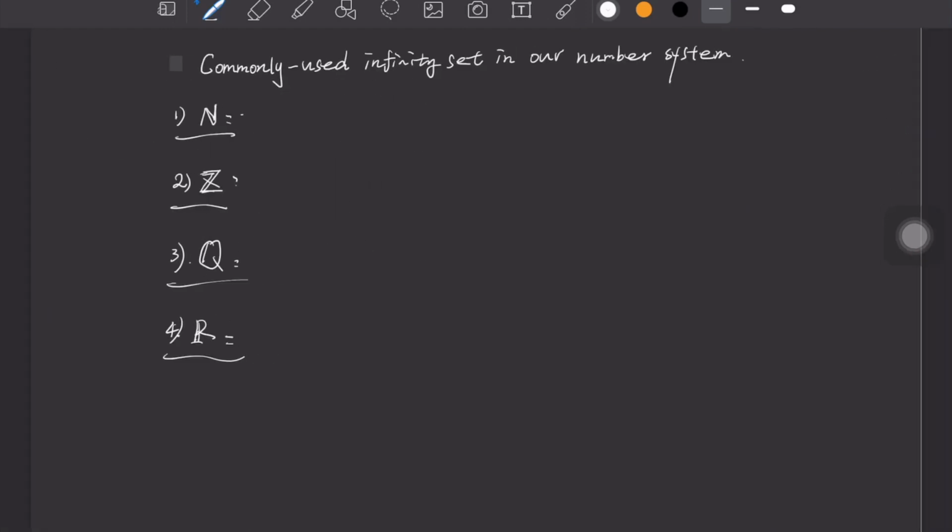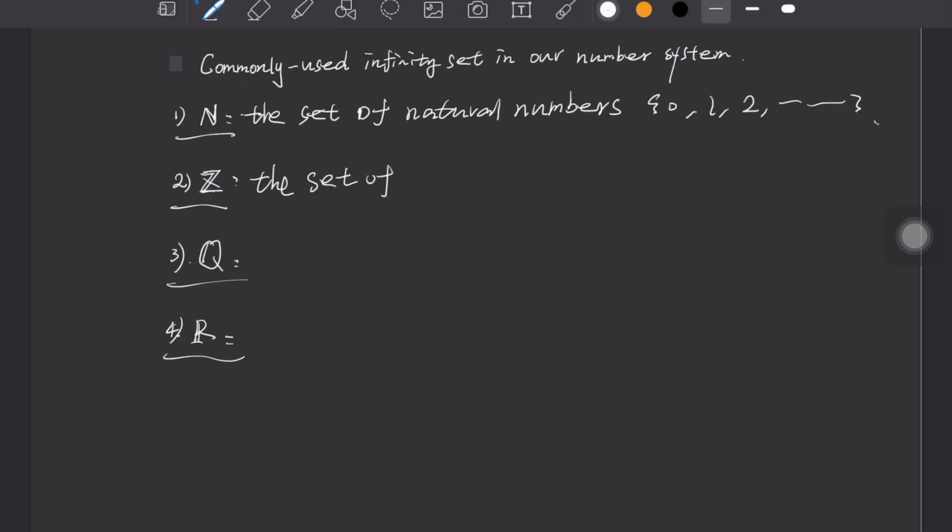I will continue to introduce some commonly used infinite sets in our number system. The first one is the set of natural numbers, starting with 0, 1, 2, and etc. And the second one is the set of integers, including all negative integers and positive integers and 0 as well.